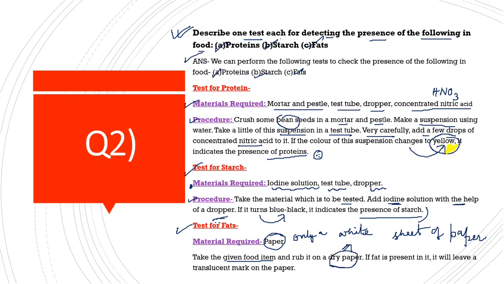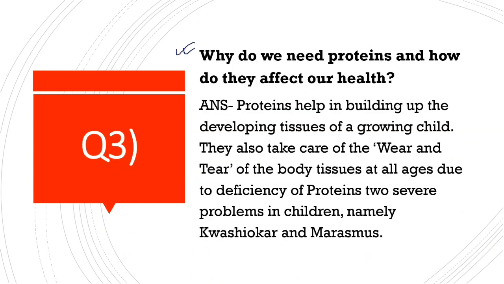If fat is present in it, then the fat or the oil will leave a translucent mark on the paper, almost like when you put hot samosas in a newspaper, and the newspaper absorbs the oil and becomes translucent in nature. Clear, student?